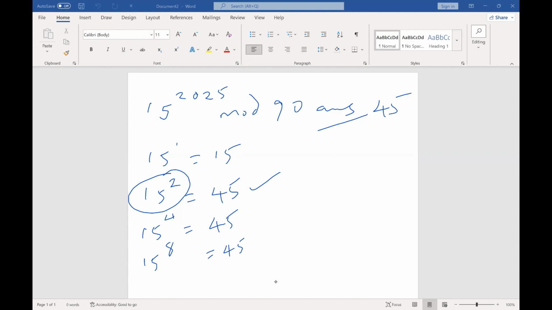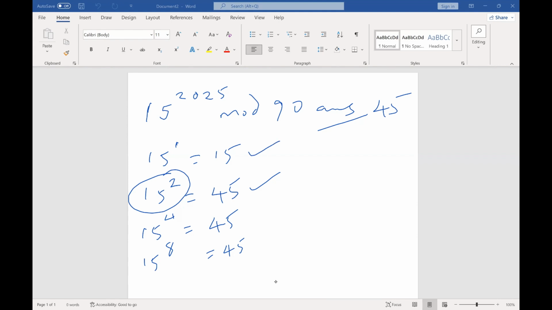The question was 15 raised to 2025, mod 90. So the first powering algorithm says we begin by 15, raise it to 1, see what we get. When we did that, we got 15. Then you square the first equation.